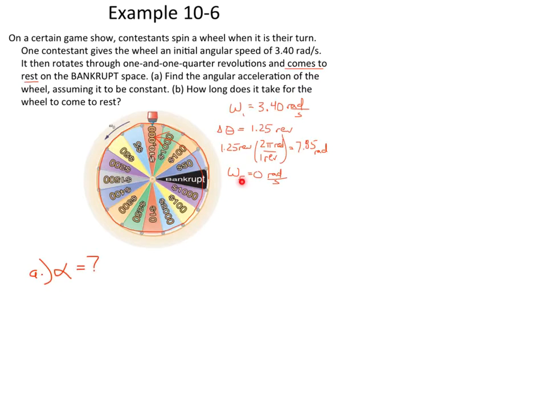It should go like this: angular velocity final squared equals initial angular velocity squared plus 2 times angular acceleration times angular displacement. Keep in mind how similar this is to our one-dimensional kinematics equations. This is just like saying v final squared equals v initial squared plus 2 times acceleration times delta x.